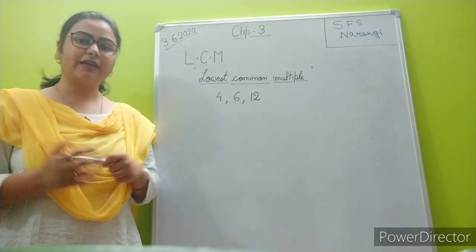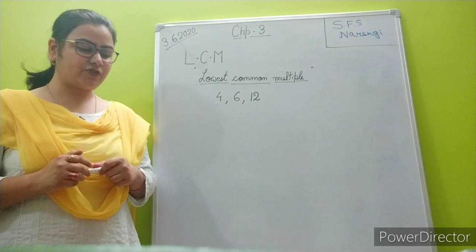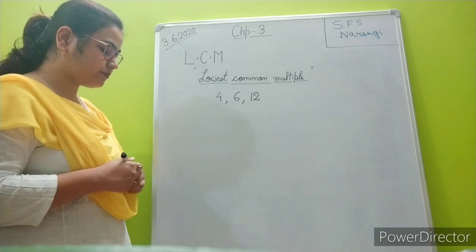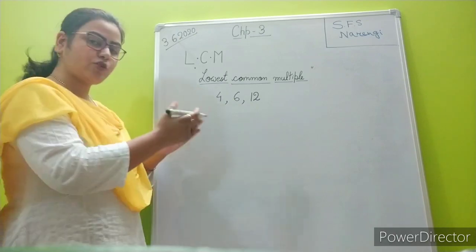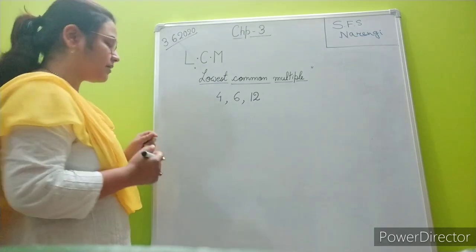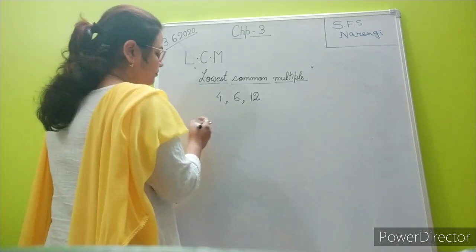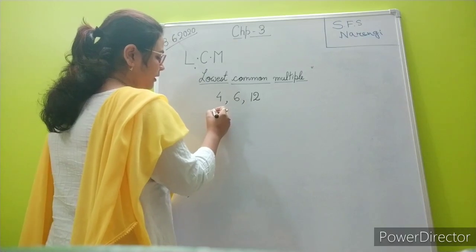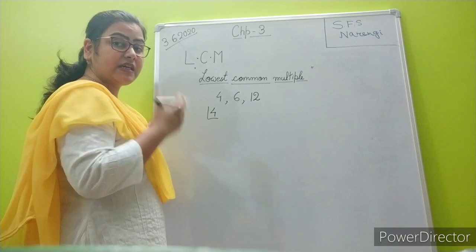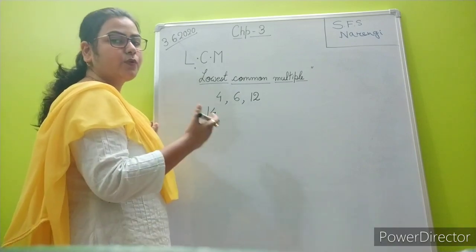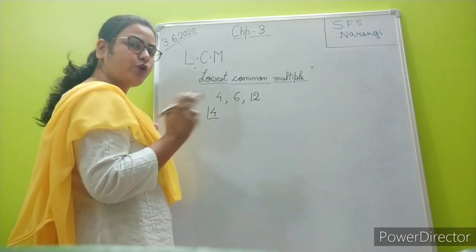For each of them we will find the prime factors. We can do it in two ways: separately or together. I will show you both cases.